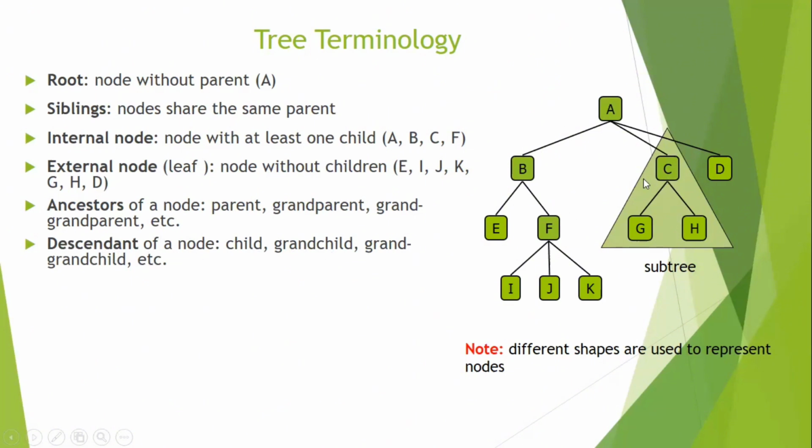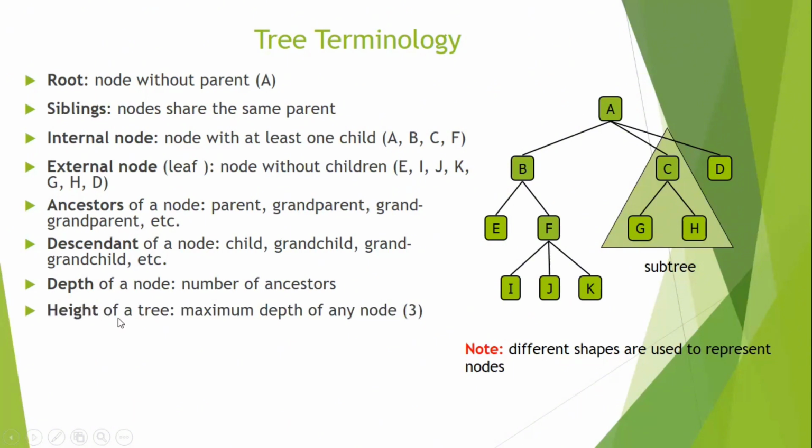In this illustration, for example, the descendants of B are E, F, I, J, and K. Next is the depth of a node, which is the number of its ancestors. The height of a tree is the maximum depth of any node, which is 3 in this illustration.